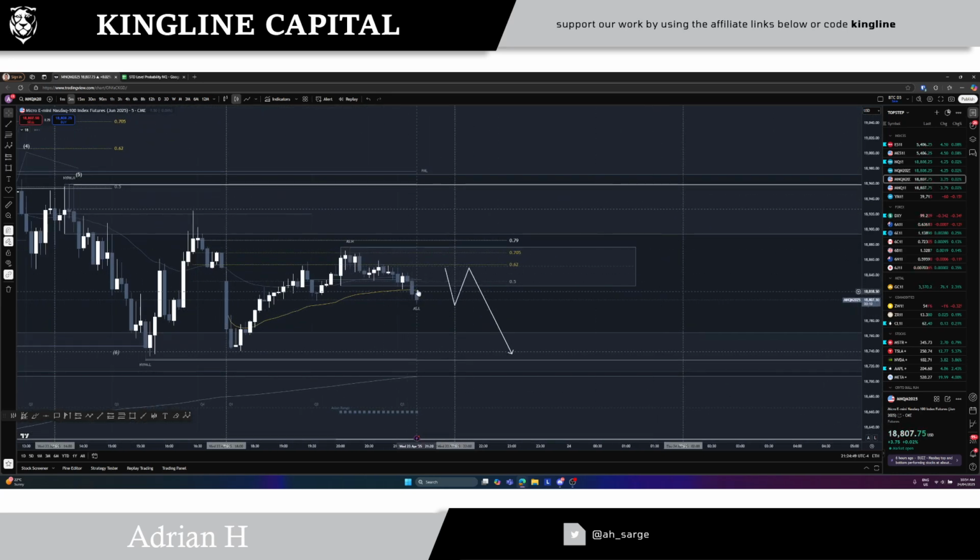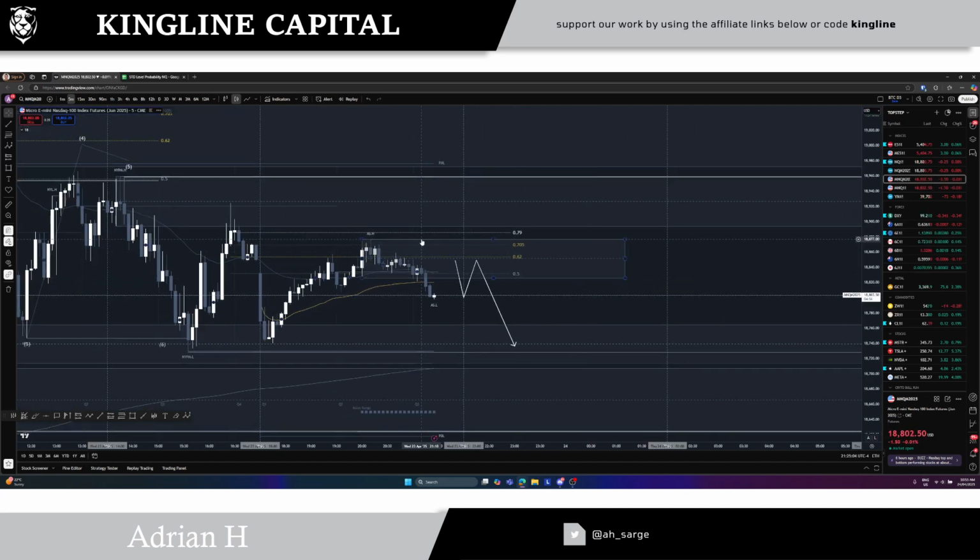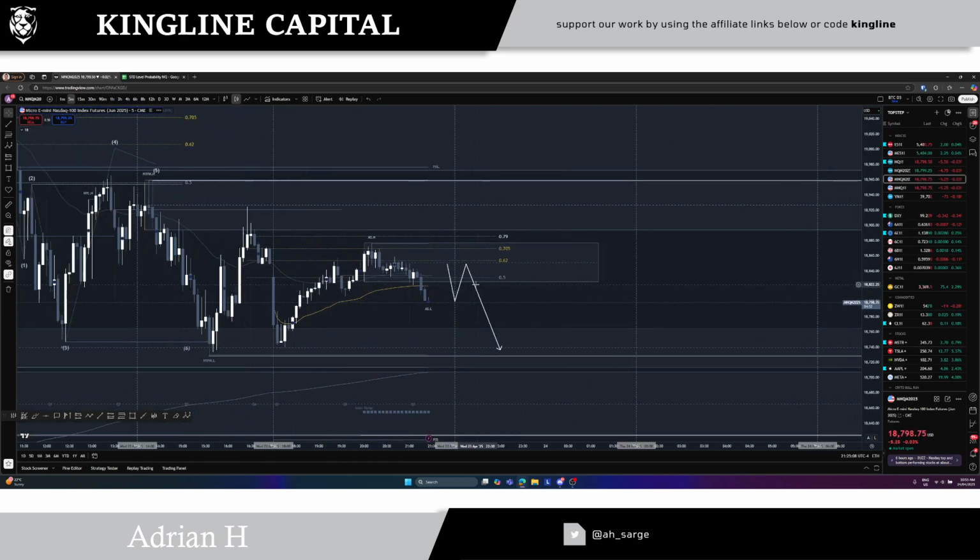So we've got that breakout now, getting displacement there as well. Leave some liquidity on these highs. I would like a push back into the zone, ideally within that next H1, and then looking for shorts in here.